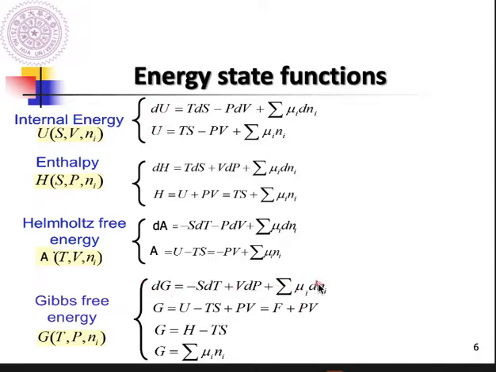So now the energy state functions we have here can deal with a system with some variation of composition and size. So now we can use these energy state functions for our system.